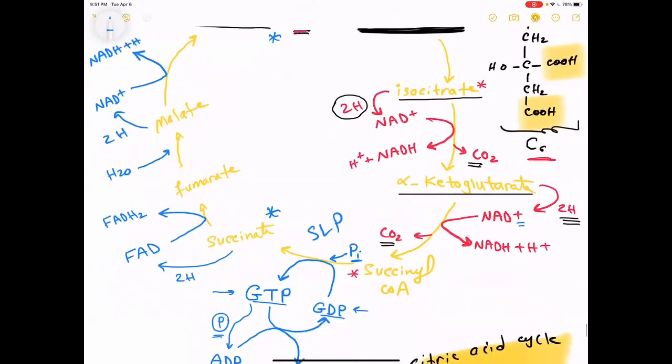What did we do to succinate? We just oxidized. We did not decarboxylate. What did we do to malate? Same. We just oxidized, but we did not decarboxylate. I did not do this. I did not do this.